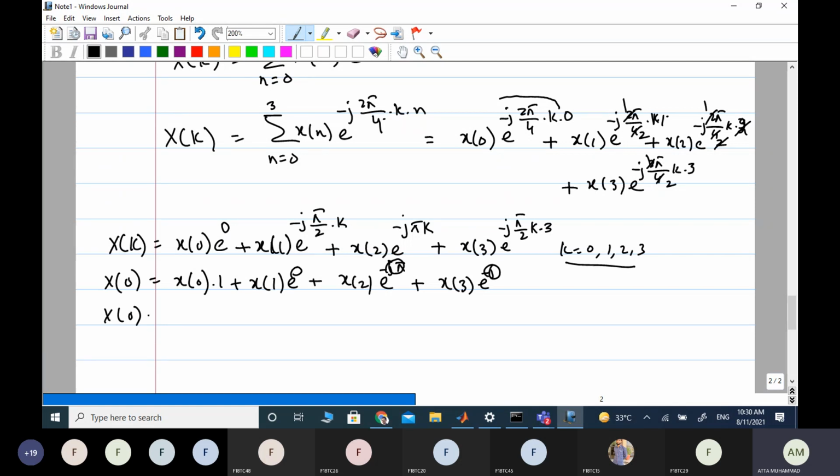So our X of 0 must be equal to, if you remember our original signal, our original signal was 0, 1, 2 and 3. So x of 0 is 0, plus x of 1 is 1, plus x of 2 is 2, plus x of 3 is 3. So X of 0 becomes 1 plus 2 is 3, 3 plus 3 is 6. So X of 0 is computed as 6.